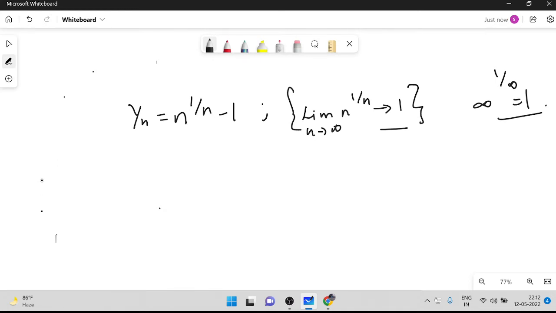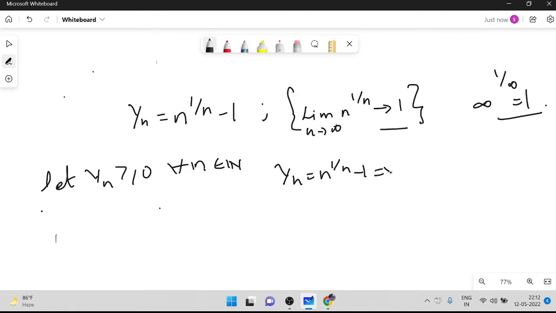Let there be a sequence yn greater than or equal to 0 for all n in N, such that yn is equal to n power 1 by n minus 1, which implies 1 plus yn whole power n equals n.